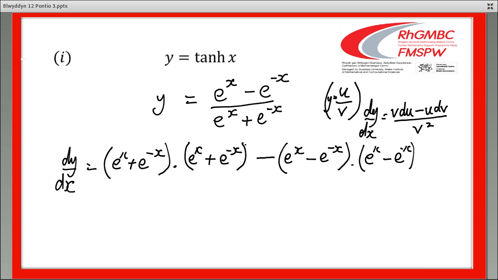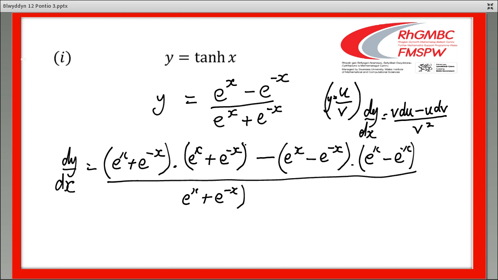And all of that is divided by e to the x plus e to the minus x squared. That's what it says in the formula.